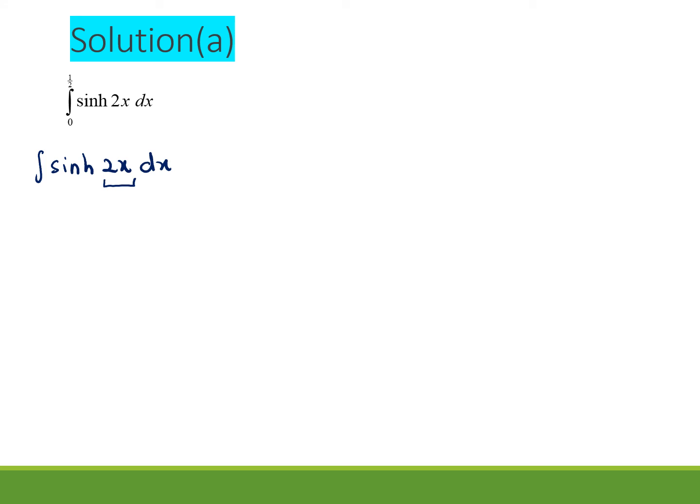We have u equals 2x. So our du over dx is equal to 2. So our dx will be equal to du over 2. Okay, now we represent this integration in terms of u, sine hyperbolic of u. Our dx is now du over 2.